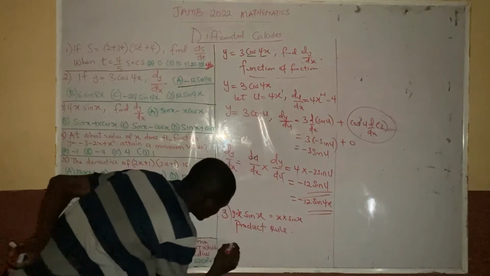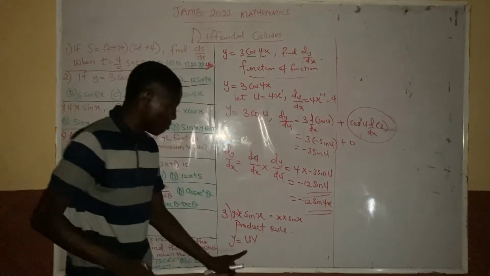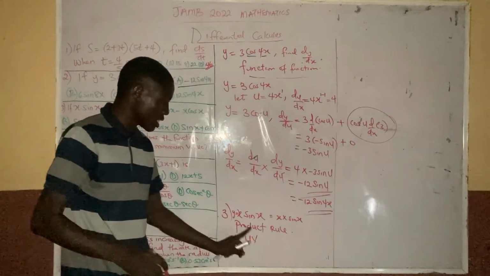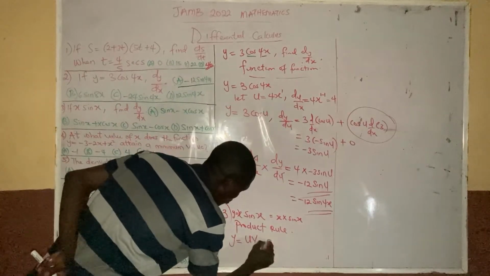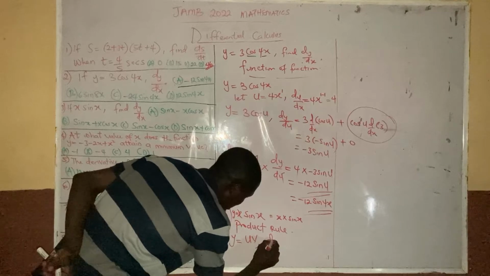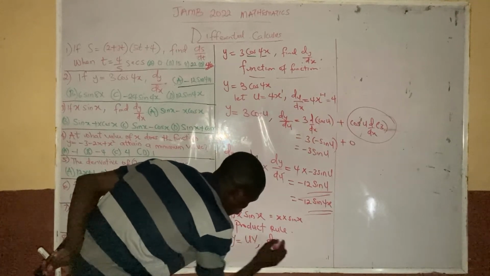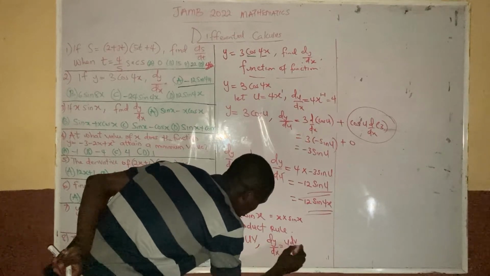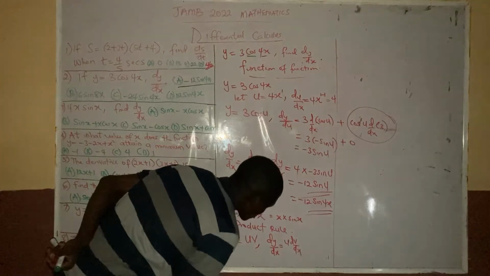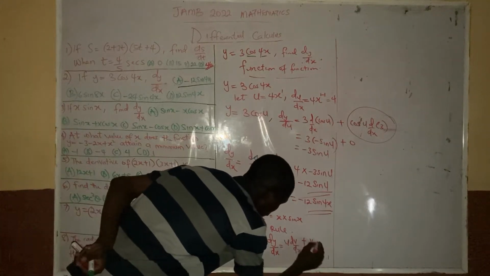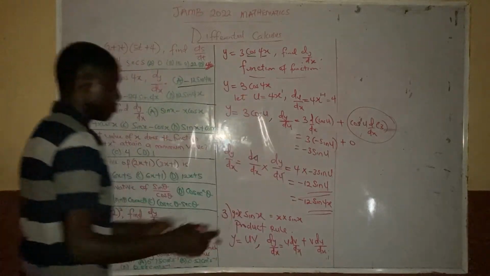So the product rule says that whenever you have y equal to uv, where this is a function and this is also a function, just like x and sine x, the differential dy/dx of this will be u dv/dx plus v du/dx.